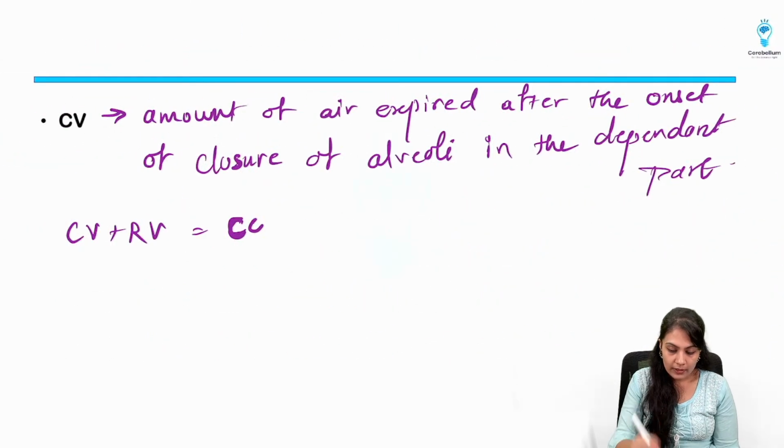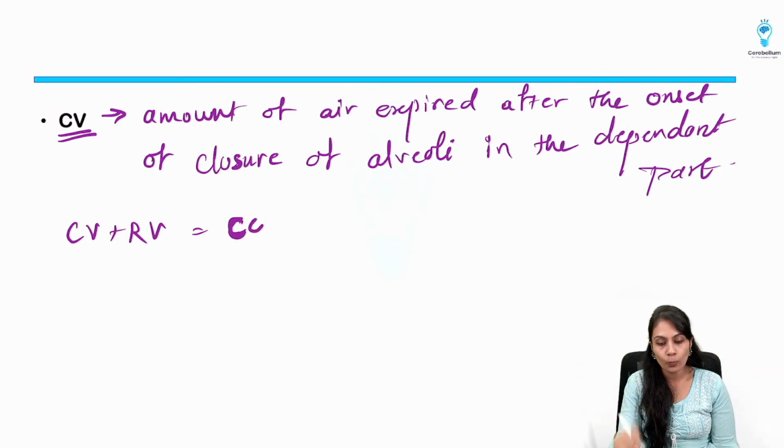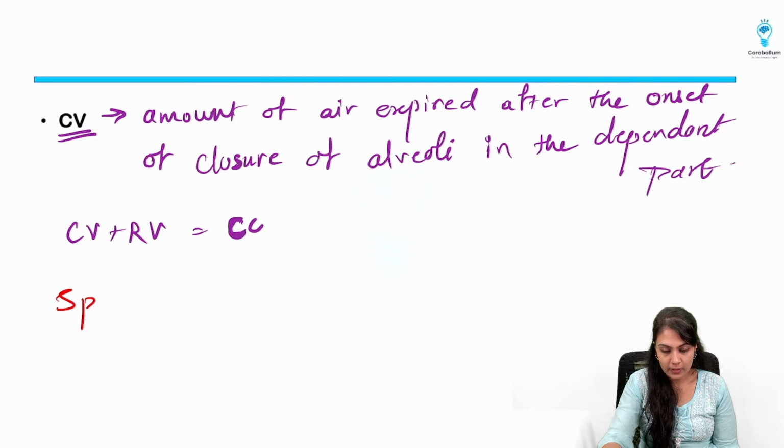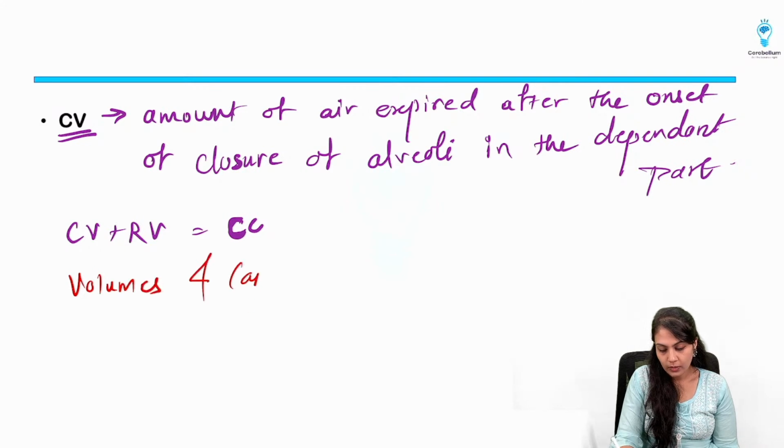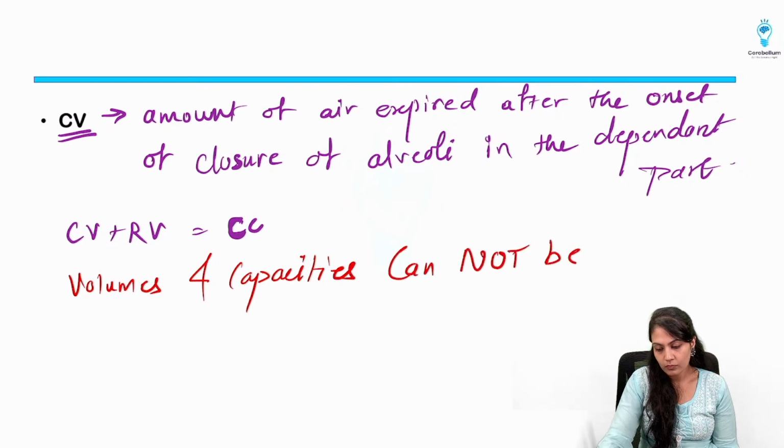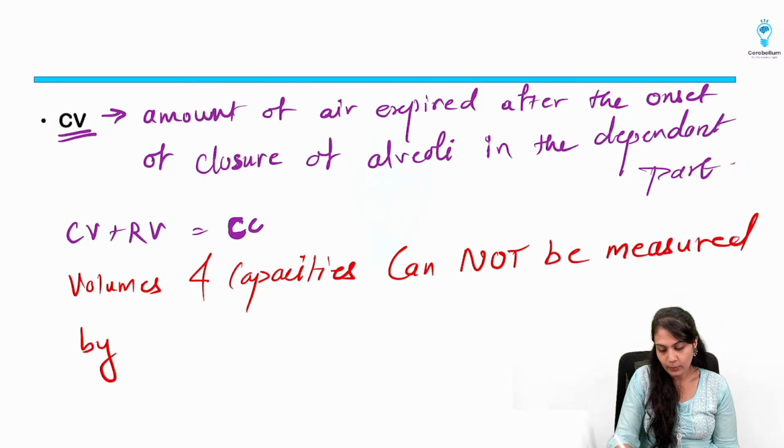Now remember, the CV the spirometer won't be able to measure. Let's write like that: volumes and capacities cannot be measured by spirometry.